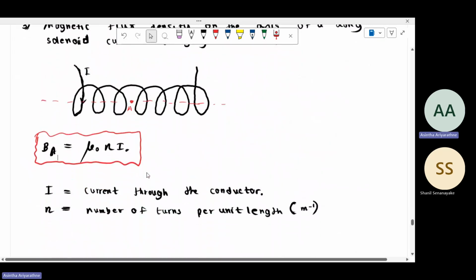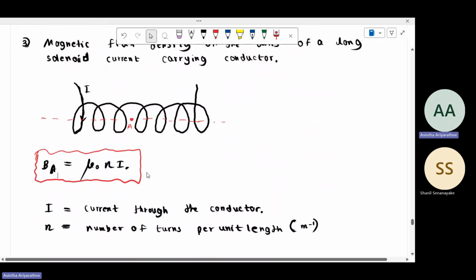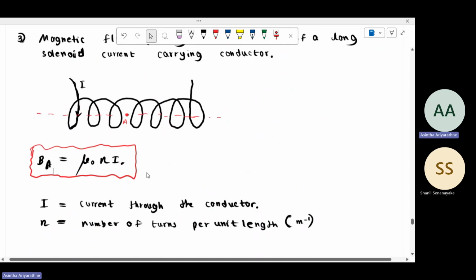Third one is the magnetic field on the axis of a long solenoid.